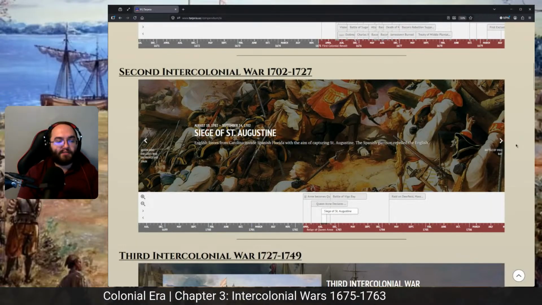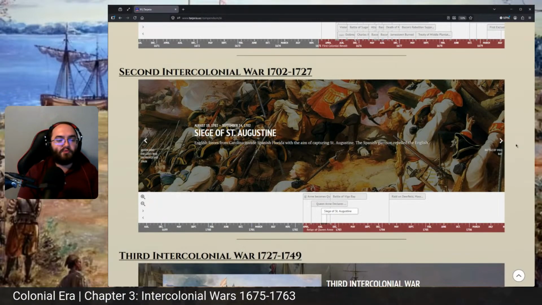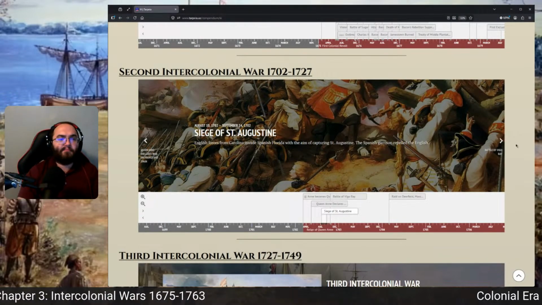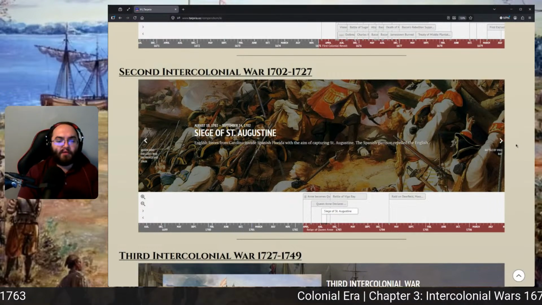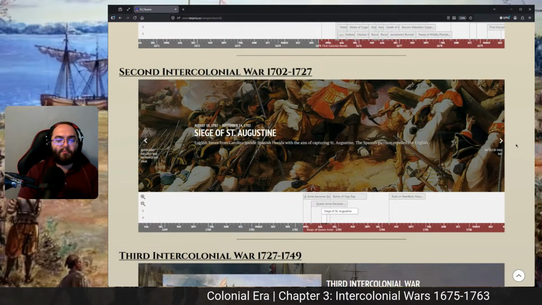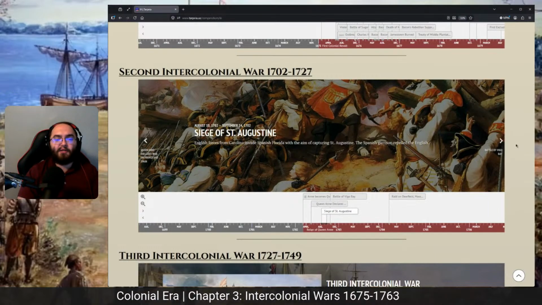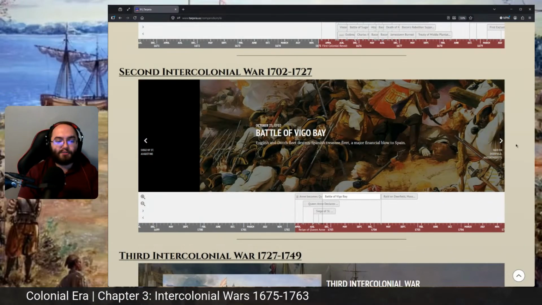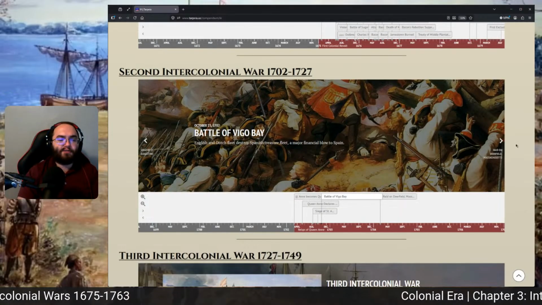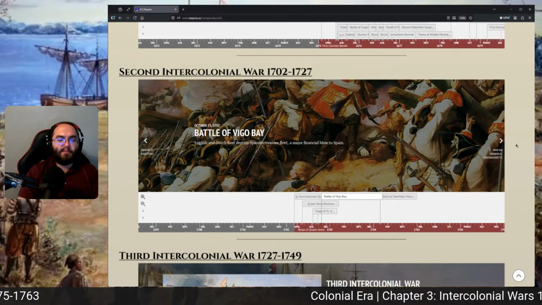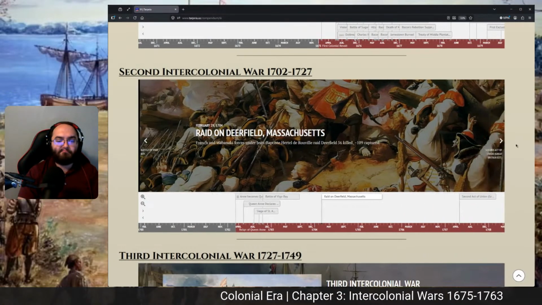Here's the Siege of St. Augustine, where English forces from Carolina, at this time Carolina is one colony, it's not yet North and South Carolina, invaded Spanish Florida with the aim of capturing St. Augustine. The Spanish garrison repel the English. The Battle of Vigo Bay, English and Dutch fleet destroy Spanish treasure fleet, a major financial blow to Spain.